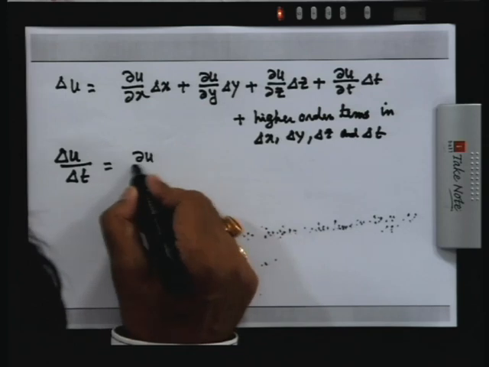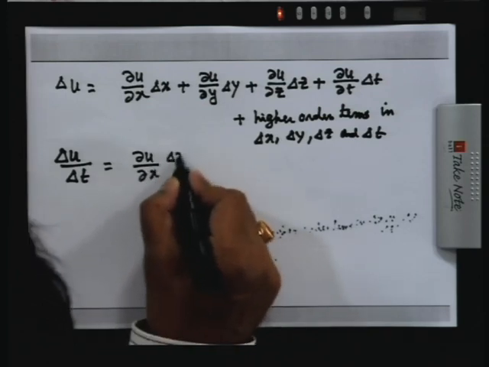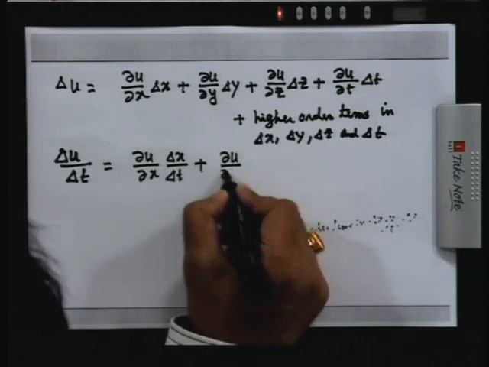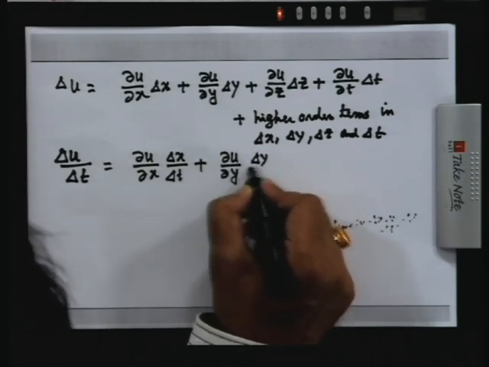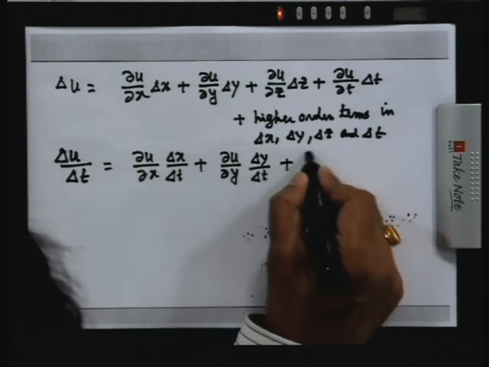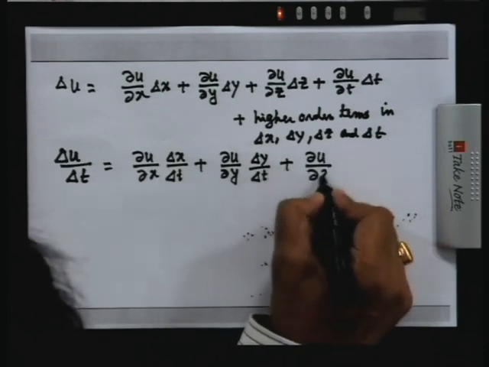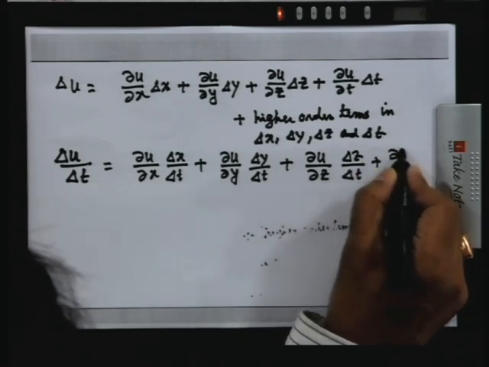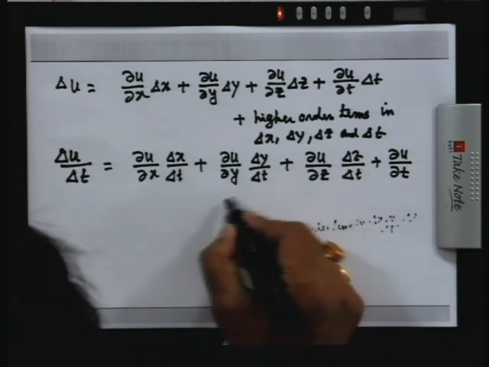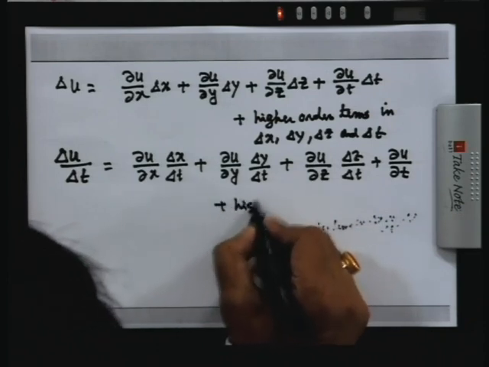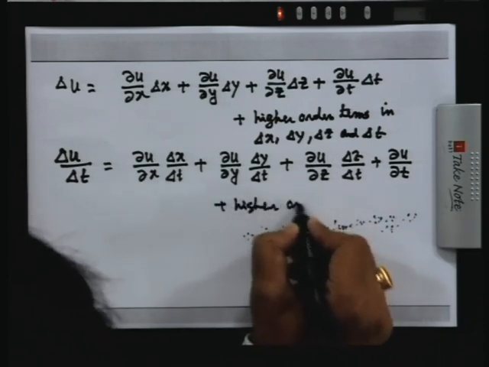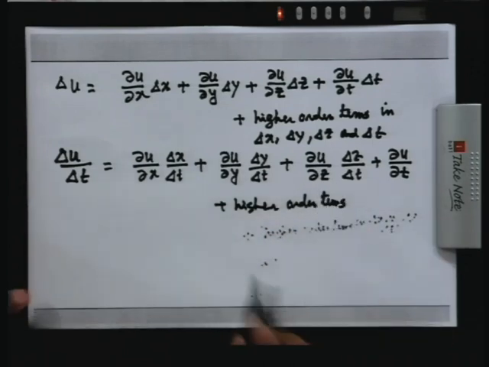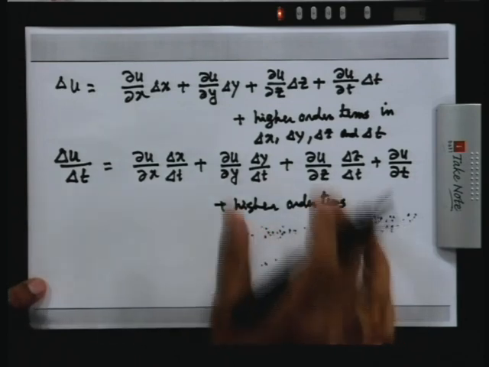Del u del x into del x del t plus del u del y into del y del t plus del u del z into del z del t plus del u del t plus the higher order terms. I will come to these higher order terms afterwards.